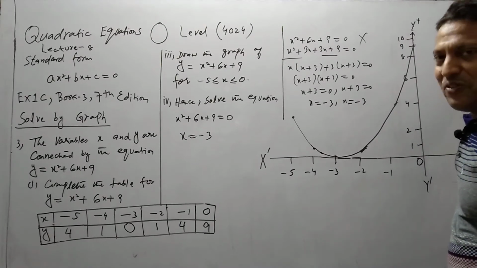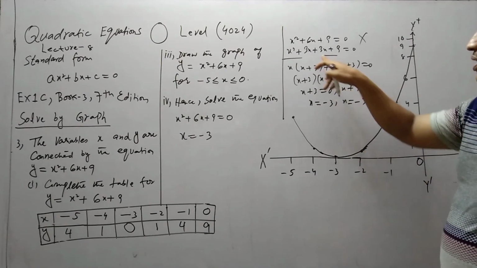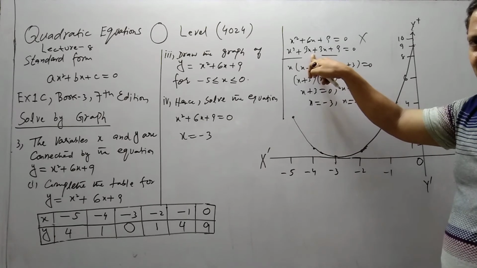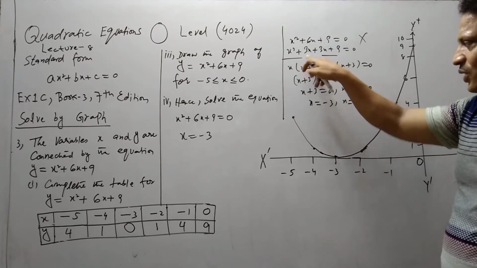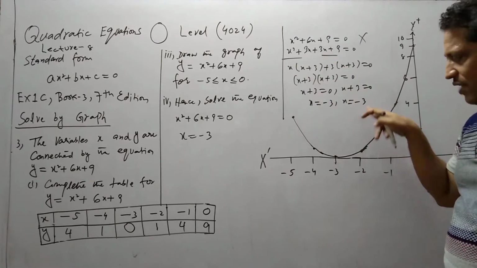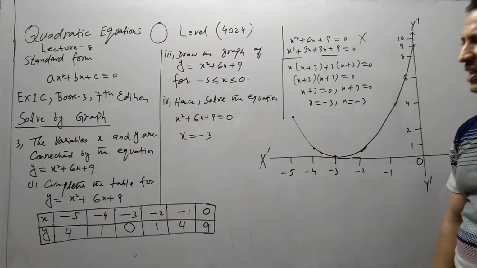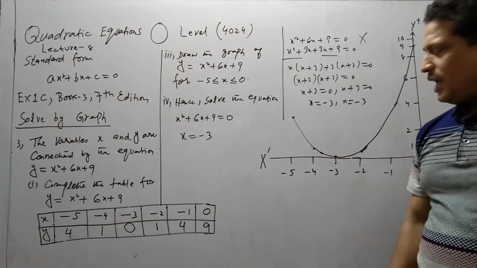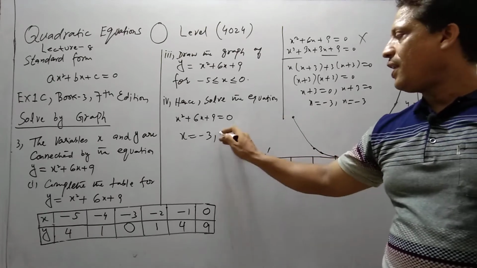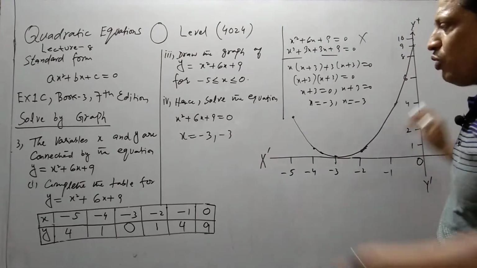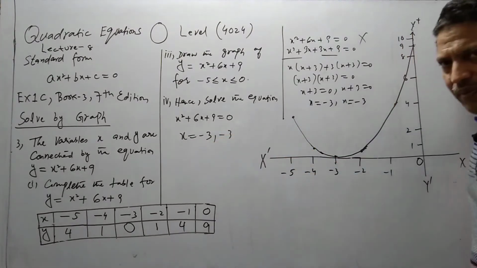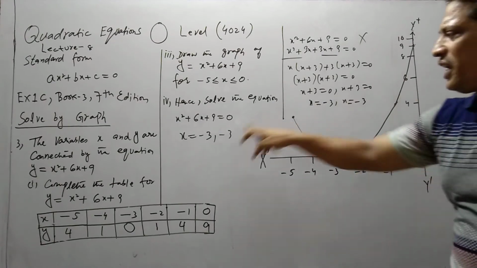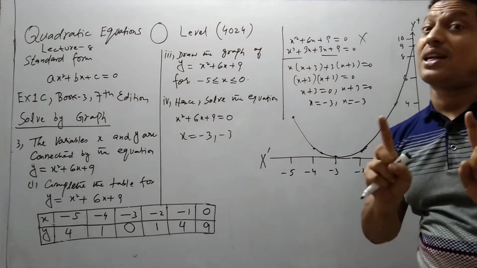But there is a confusion. I solved this equation by using the method of factorization to get two answers, and from the graph I get one answer. No, student, minus 3 and minus 3, actually these two values are the same. So in a graph there is no need to write two values if the values are the same.